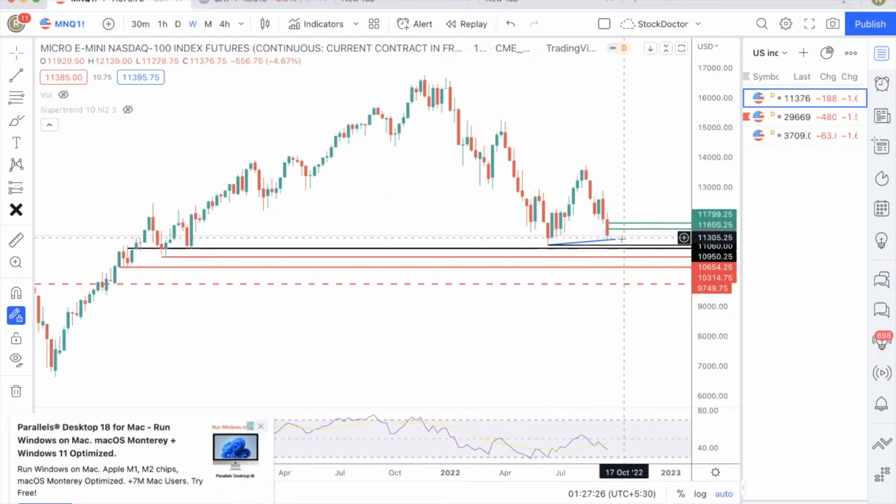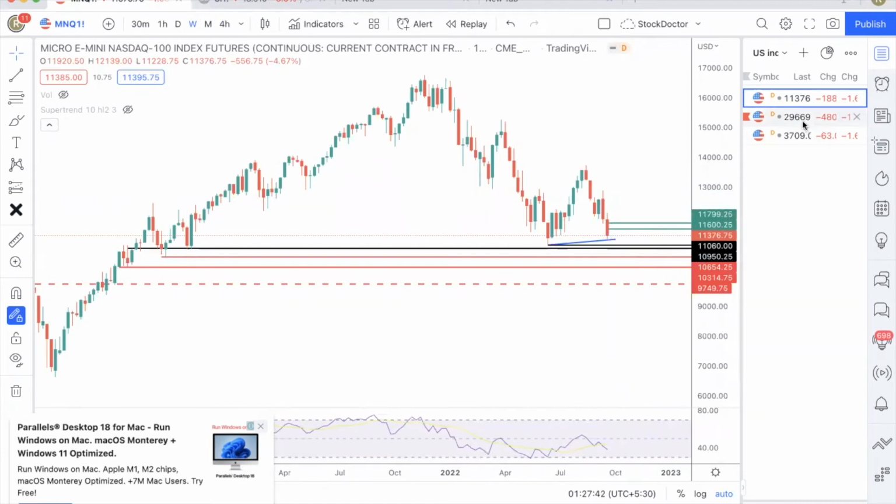Now, in the next week, if we close below 11,200 or 11,100 area, then definitely you will see the downside targets which I mentioned previously.